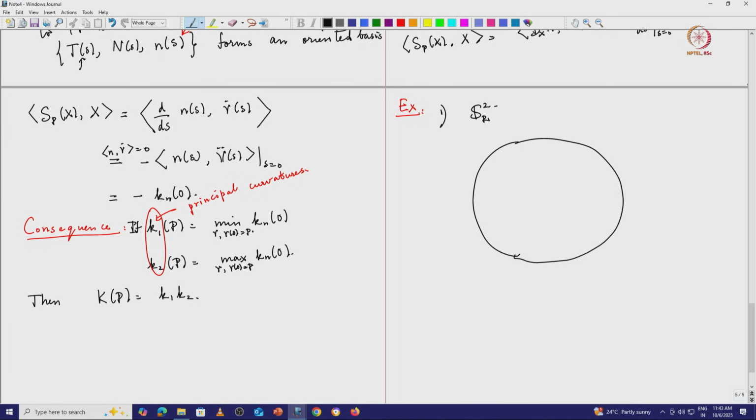Okay, so here it's a very good exercise to show that each of these principal curvatures is going to be 1 by r. So k1 is going to be 1 by r, k2 is going to be 1 by r. In fact, the shape operator is basically going to be a diagonal matrix with entries 1 by r and 1 by r, which means that the Gauss curvature is precisely going to be 1 by r squared.